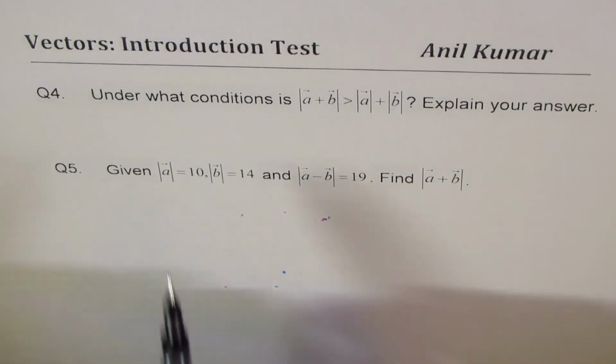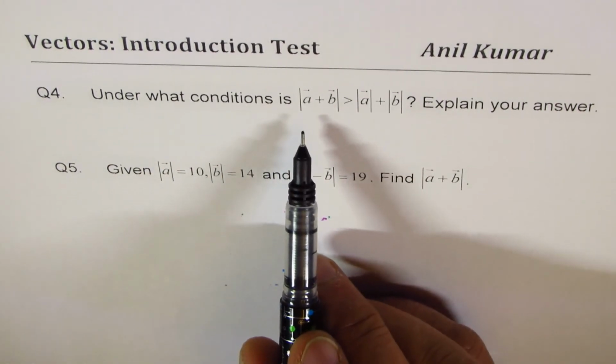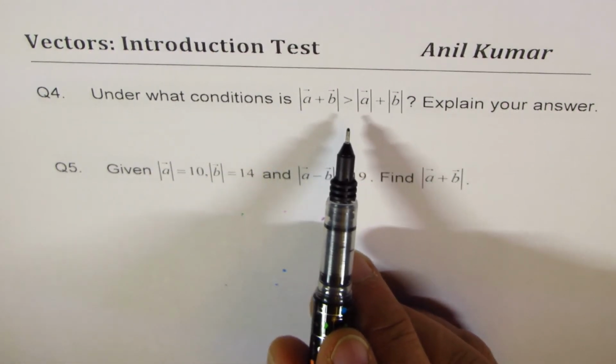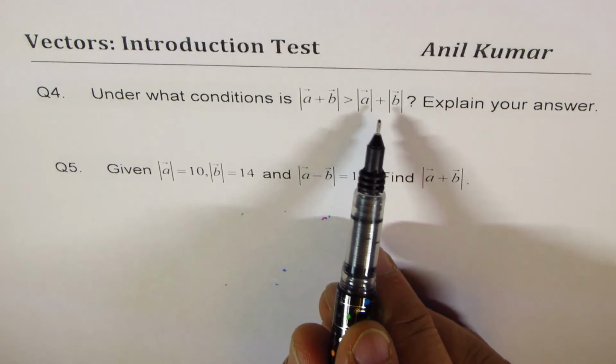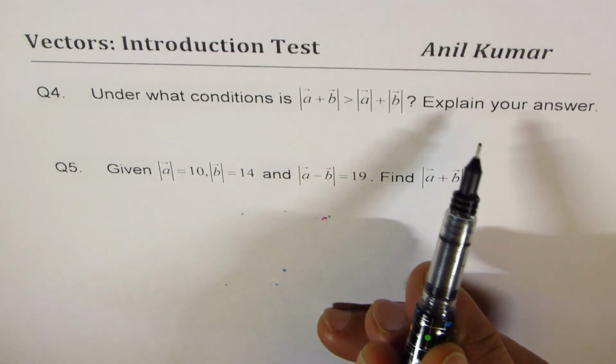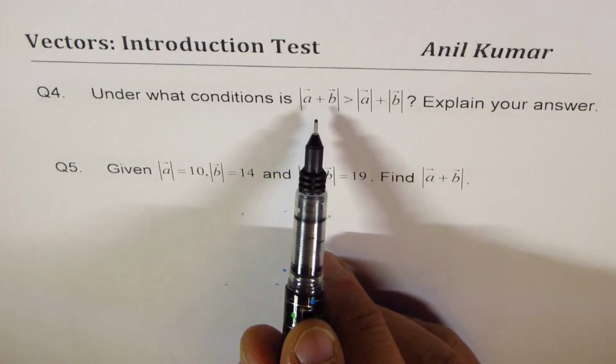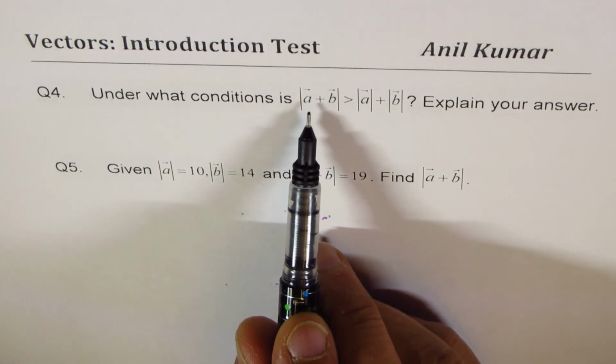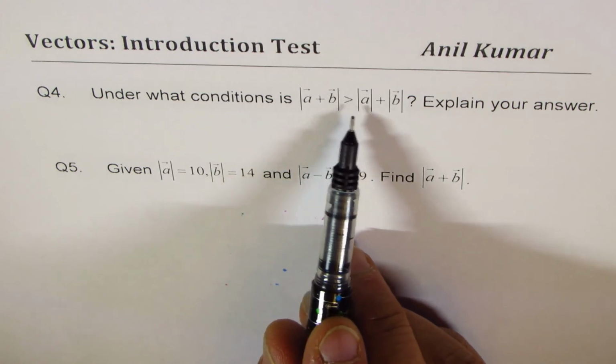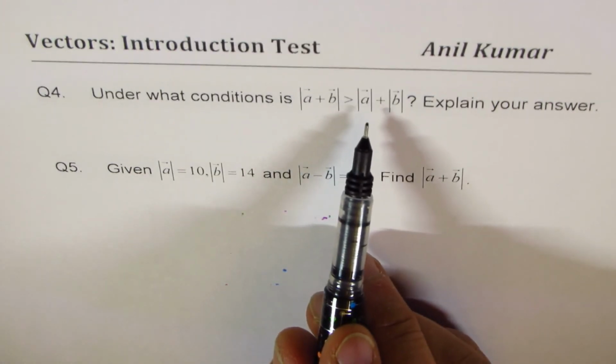Question number 4. Under what conditions is the magnitude of a plus b greater than the magnitude of a plus the magnitude of b? Explain your answer. Now, you can always find the sum of magnitudes in vectors using a triangle, right?